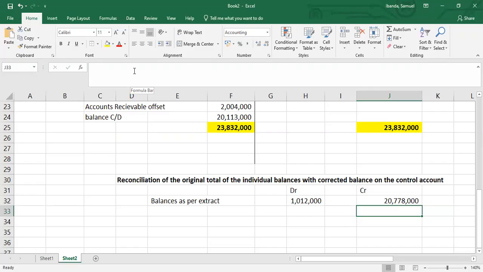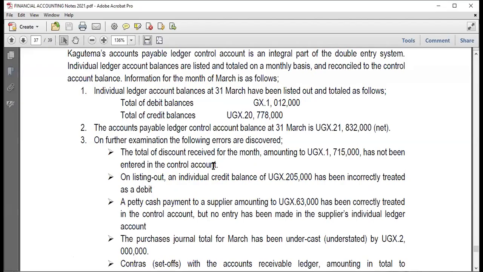So then the other that we should now take into consideration is the errors that affected what? Remember, there was something here. This we accounted for in the corrected control account.